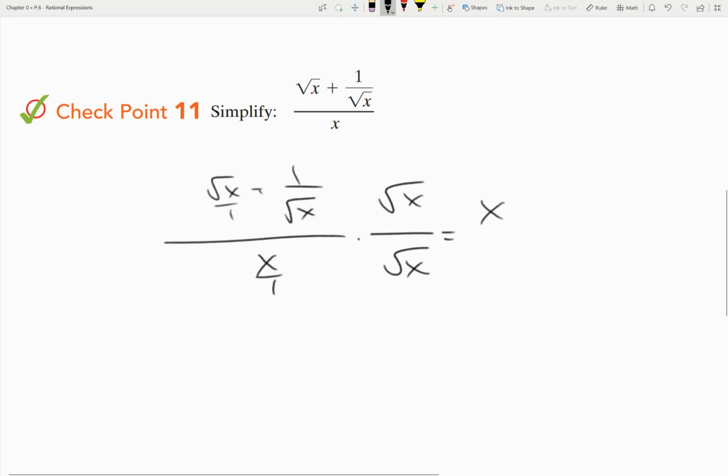Square root of x times square root of x is x, plus 1 over, right? The square roots cancel, over x times the square root of x. So that would be x plus 1 over x to the 3/2 power. 1 there, 1/2 there.